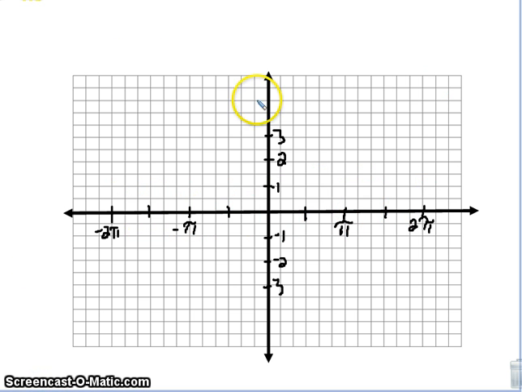Okay, so let's look at one more. We have 3 more minutes, and we're going to graph y equals the sine of x very quickly. 0, 1, 0, -1, 0. So this is my basic sine, which we all should be very familiar with.